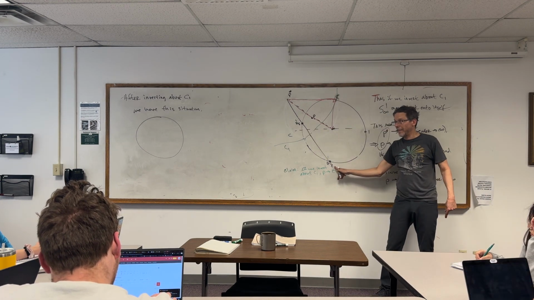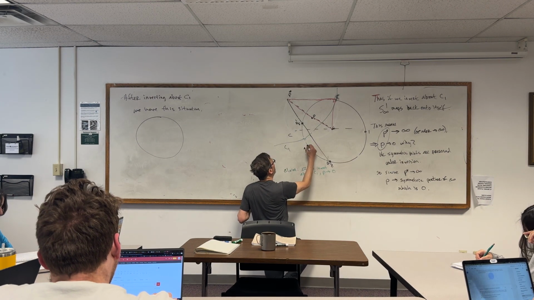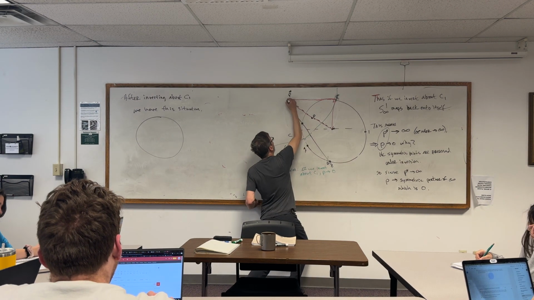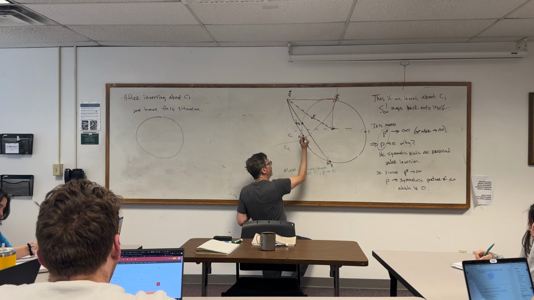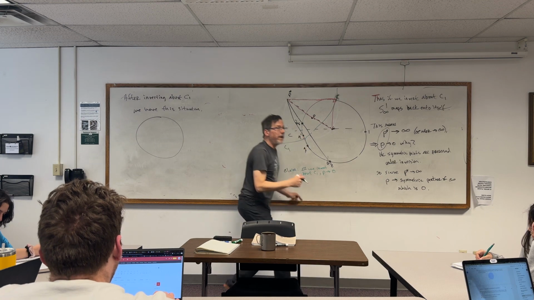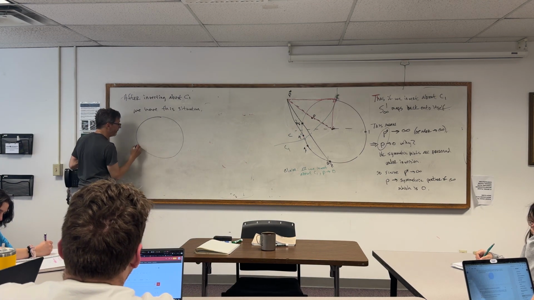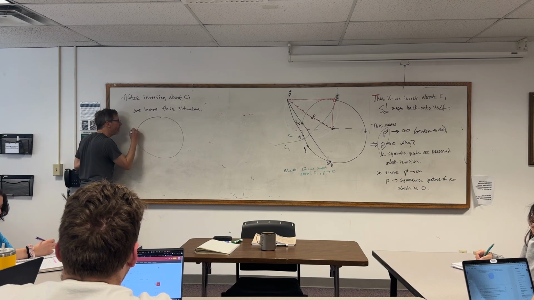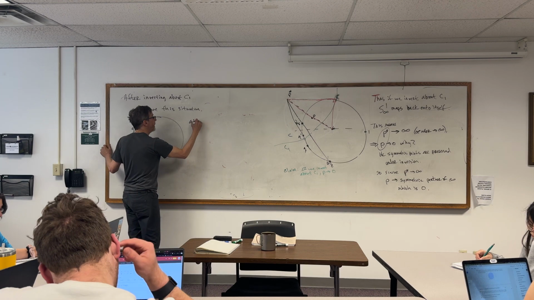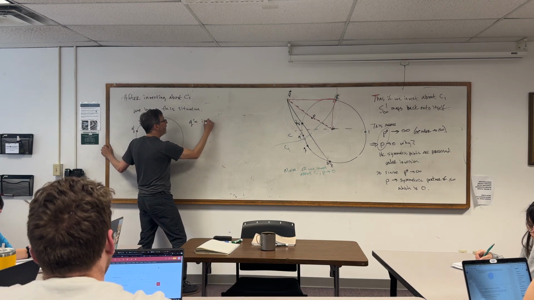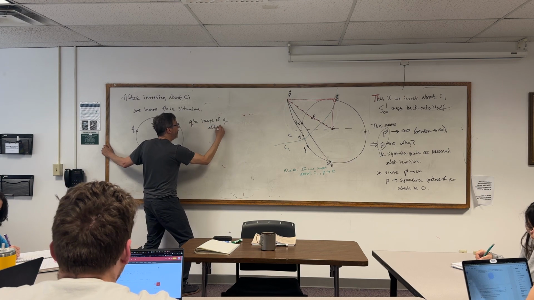If it had been here, then it would have gone to right there. The key thing is that that point that was on the boundary got moved somewhere. So let's just say it's here. So Q star, or Q prime, equals image of Q after inversion in C1.